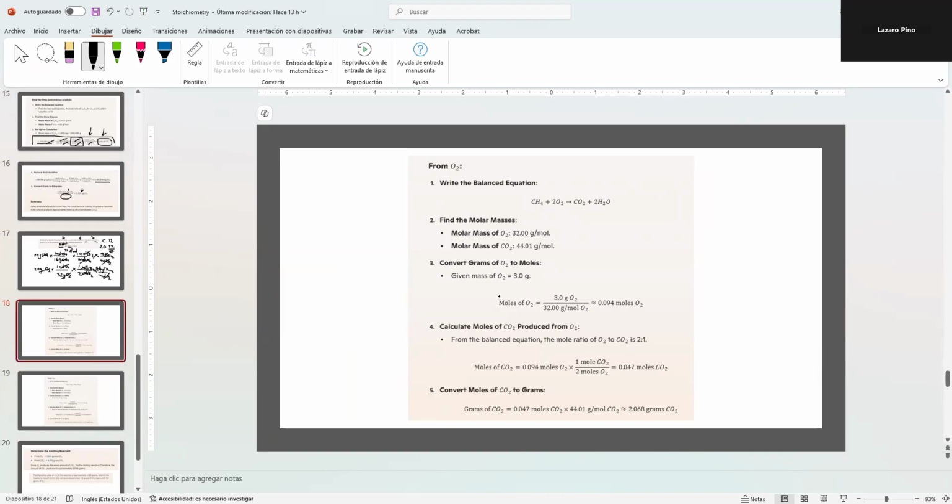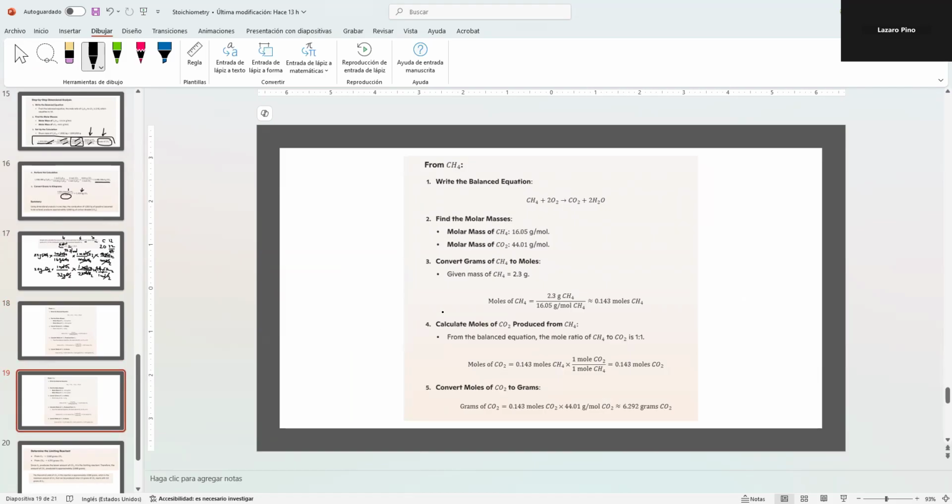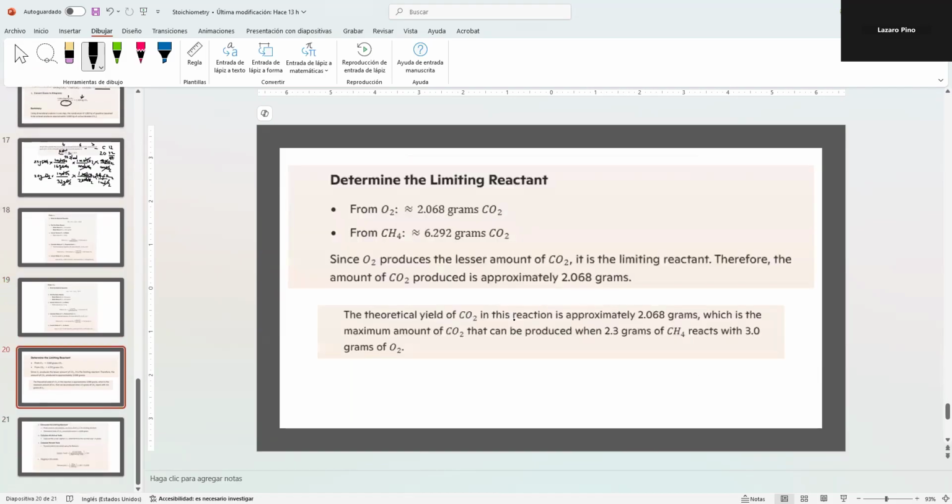I made it step by step, and later I calculate that from the mass of dioxygen, I can produce this amount of carbon dioxide, and from the mass of methane, sorry, we can produce this mass of carbon dioxide. Now, at this step, you compare these two amounts. What happened? Oh, this is small.